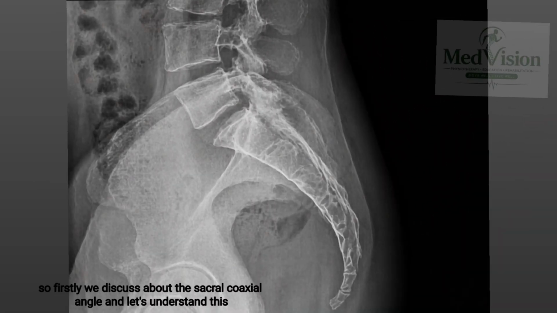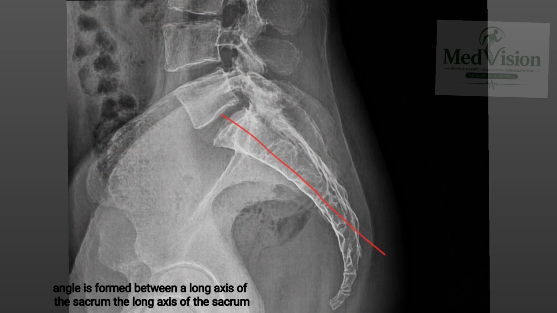Firstly, we discuss the sacrococcygeal angle. This angle is formed between the long axis of the sacrum and the long axis of the coccygeal segment.